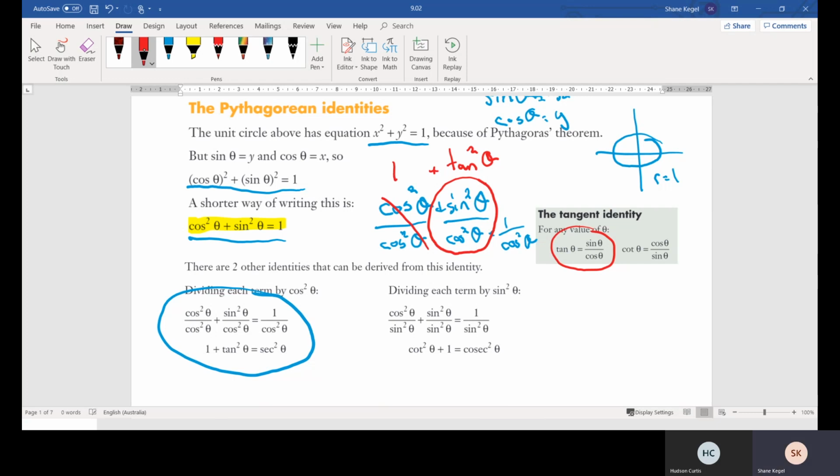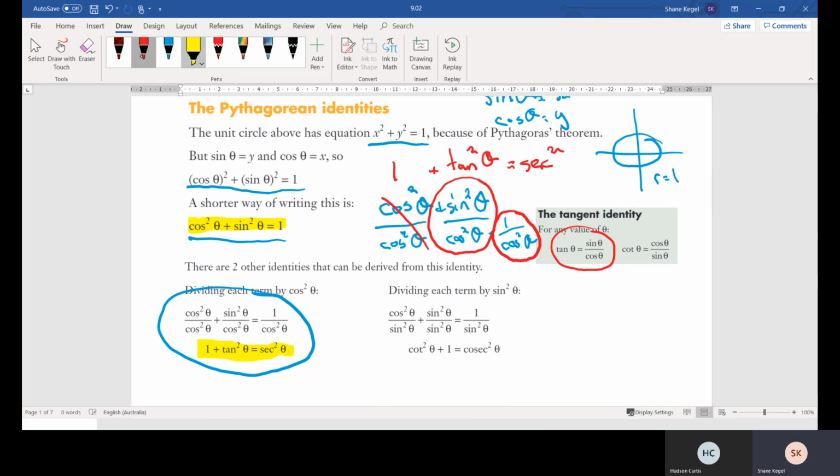And remembering back to my inverse trig functions, 1 over cos is the inverse of cos, or sec. So 1 over cos squared would equal sec squared. And that's where I get this identity from.